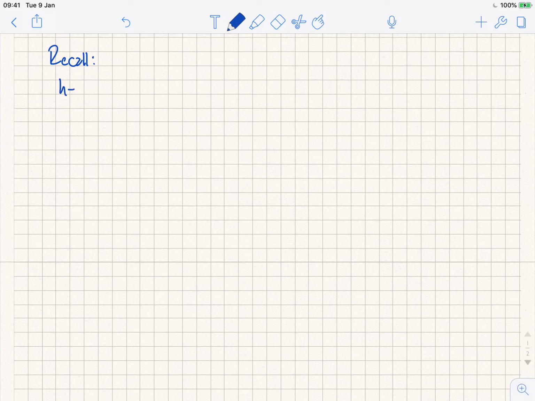In h-FEM, if you remember, we defined our space, let's call it SH, and this is a space of functions UH such that UH is equal to, and we know how to write that, the sum of phi alpha U alpha.